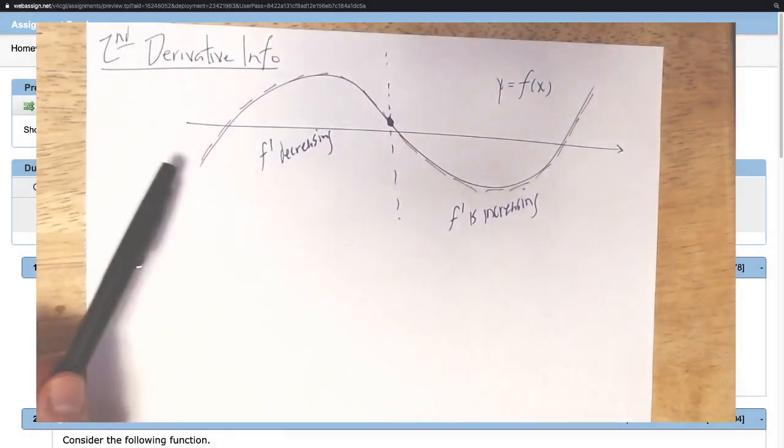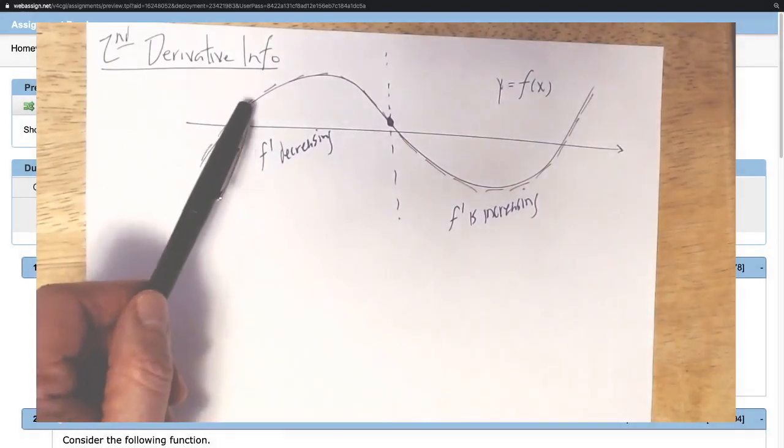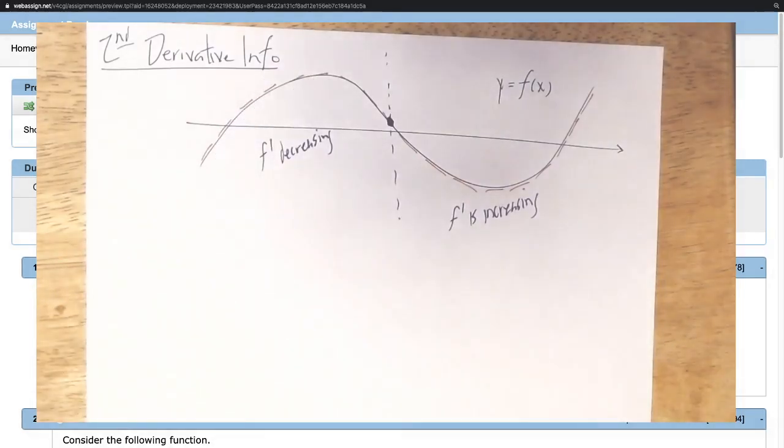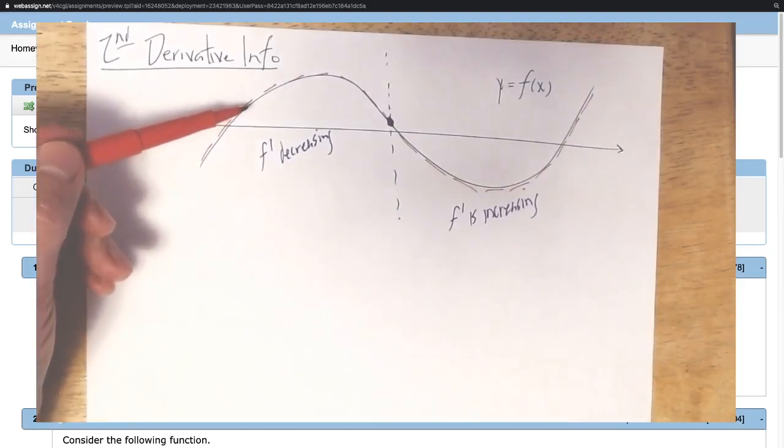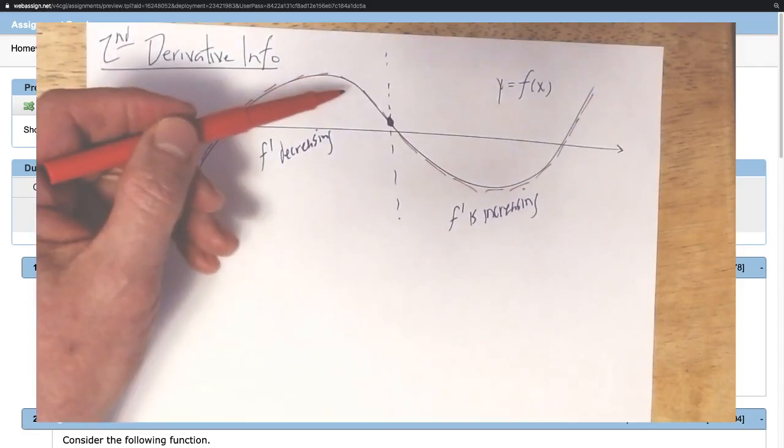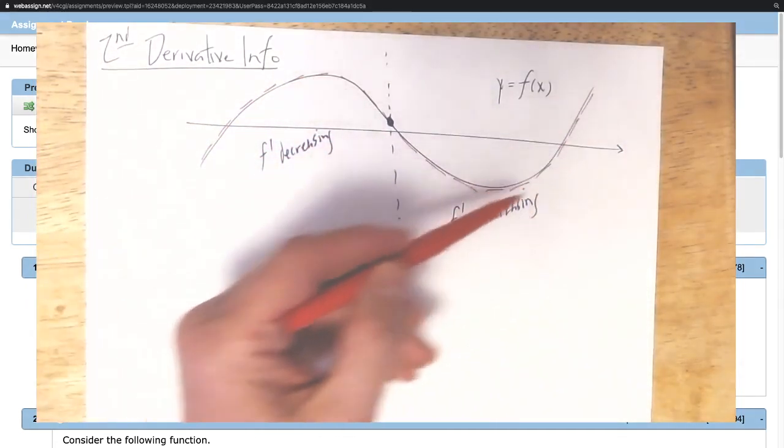And on top of it, I've sketched little tangent lines at various points along the graph. The way to start thinking about the second derivative is to think about what's happening to the slopes of these tangent lines as you move from left to right along the graph.